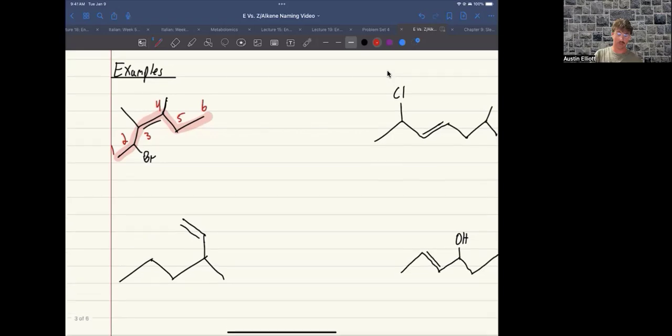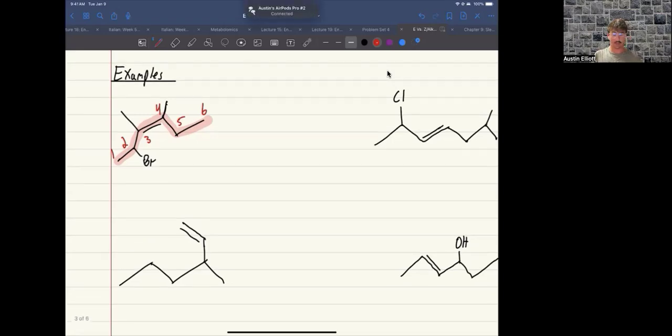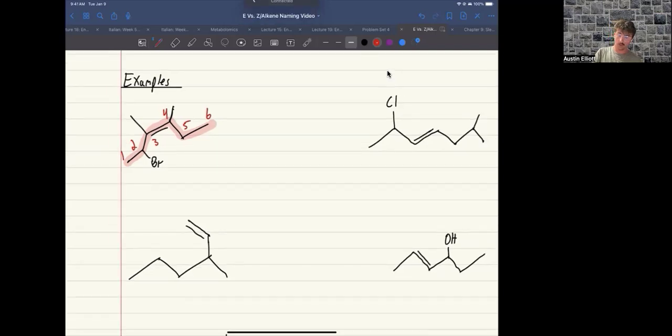So naming wise for this one, it's not too bad. Just a couple of groups on there. So we're going to start with our 2-bromo for that bromo group right there. And then we have 2 methyl groups. There's going to be 3,4-dimethyl.